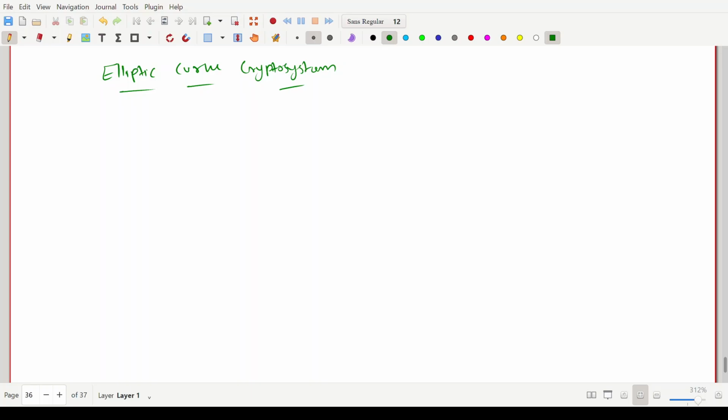The use of elliptic curve in cryptography began when Lenstra discovered a factorization algorithm over it. So Lenstra first discovered the factorization algorithm over elliptic curve.